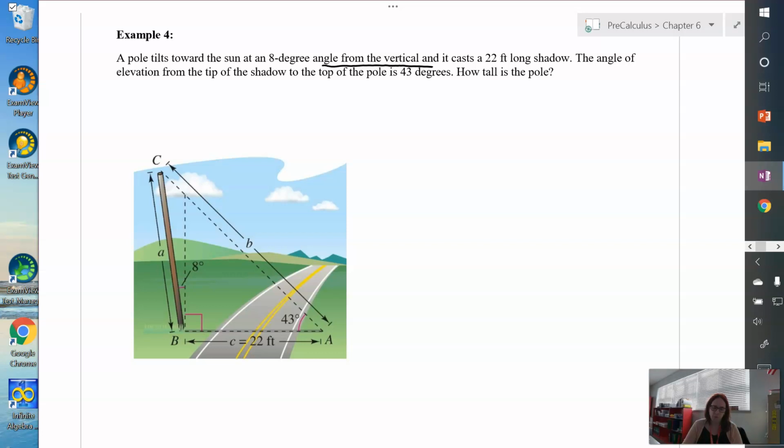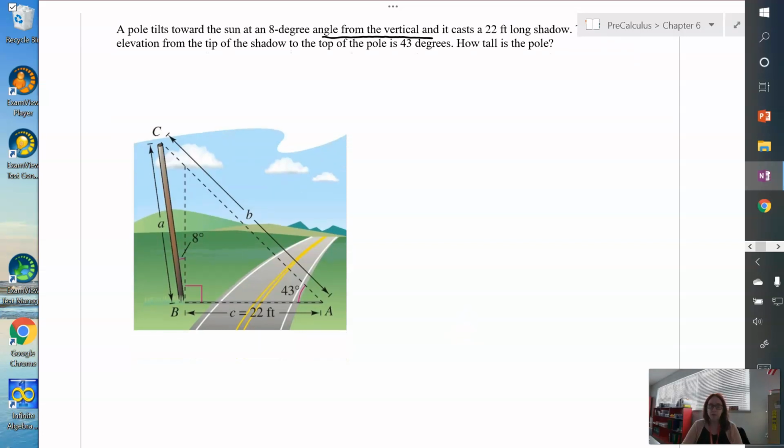How tall is the pole? Now we have a picture already drawn for us. So what we're figuring out is A, which is going to be how tall, or I think of it as how long is the pole. You know, how tall is it if it was standing straight up? So what we're looking for is little a.